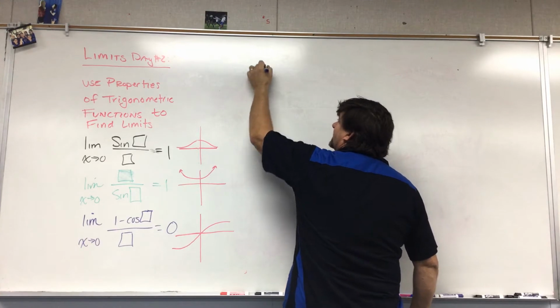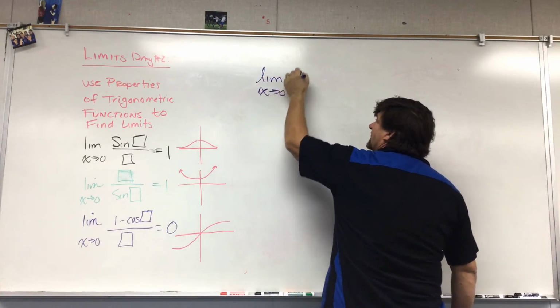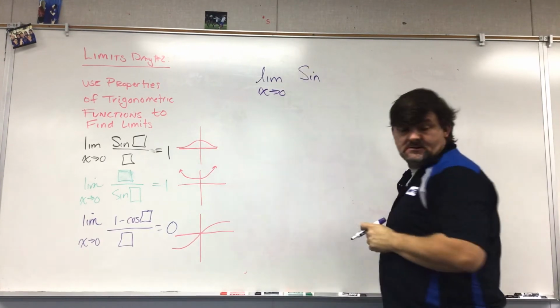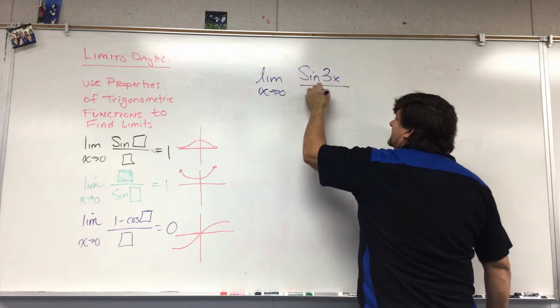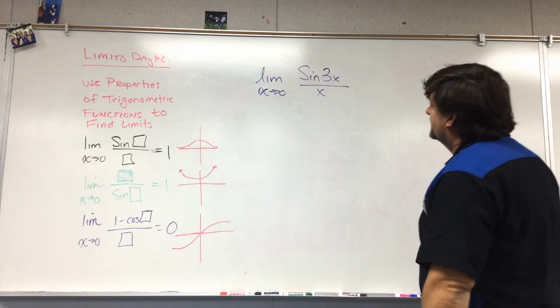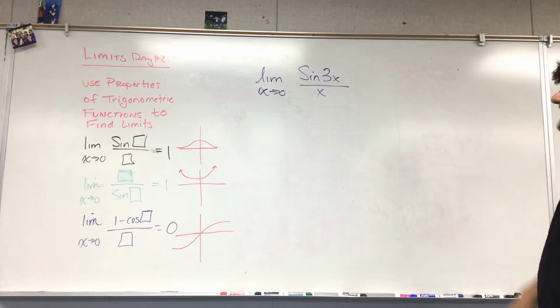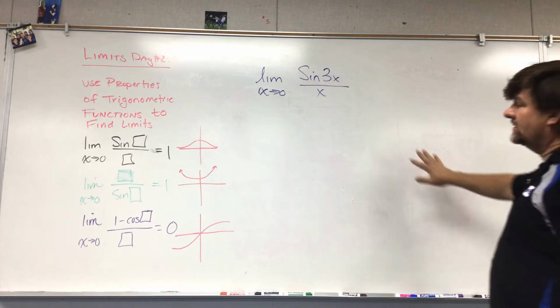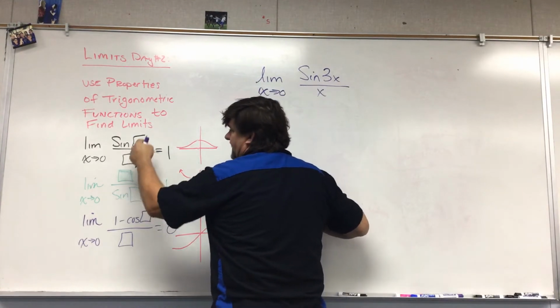We're going from the limit as x approaches 0 of the sine of 3x over x. So that's our function. Here's the thing: this box has to match.